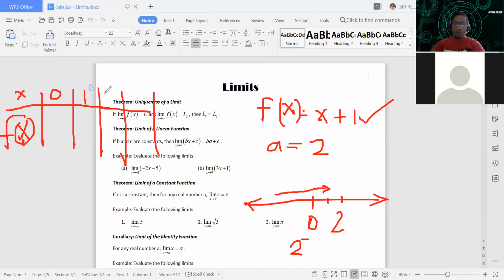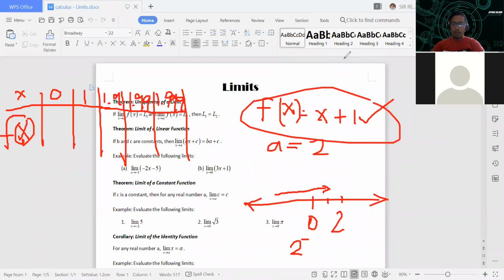And you may get 1.9, right? From the left hand side of 2. And you may get 1.99. And another closer one, 1.999. So what you will do is substitute all of these values into your function f of x.